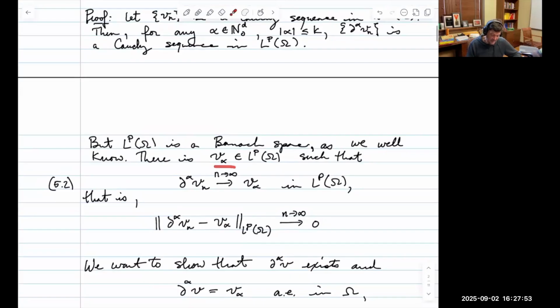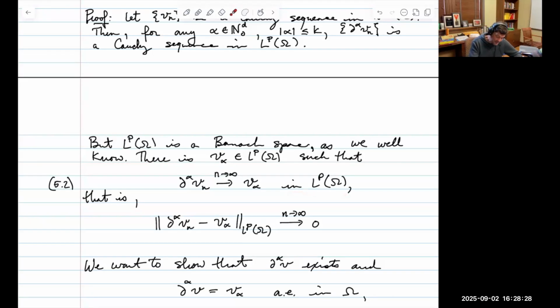So there's some V alpha in L^p such that the alpha partial derivatives of Vn converge as n goes to infinity to these functions V alpha. And now each one of these V alphas has to be unique because this is the way it works. If you converge in the space, then the limit point has to be unique. All right, and by the way, this convergence is in L^p.